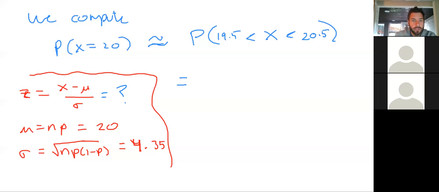So if you do the calculation, the first one, if you take 19.5 minus 20, and then you divide by sigma, you get negative 0.1149 is less than z. And then if you now do the other x bound, you get 0.1149, that's positive.